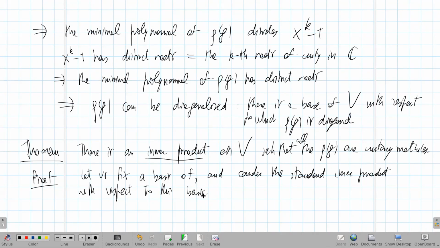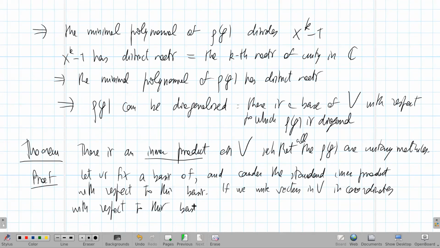Okay. Which means that if we write vectors in V in coordinates with respect to this basis, okay? So I write the vectors.